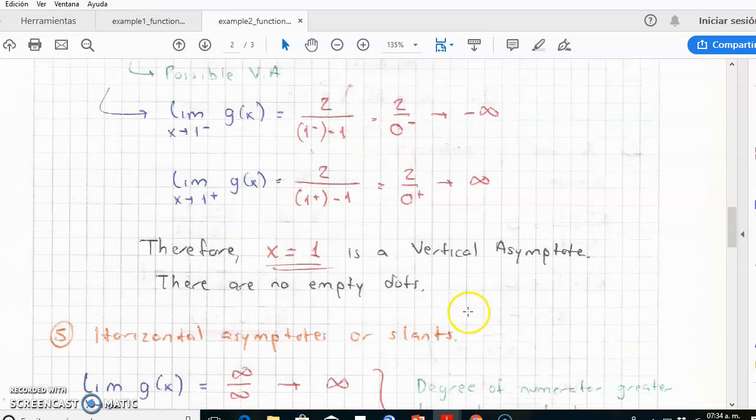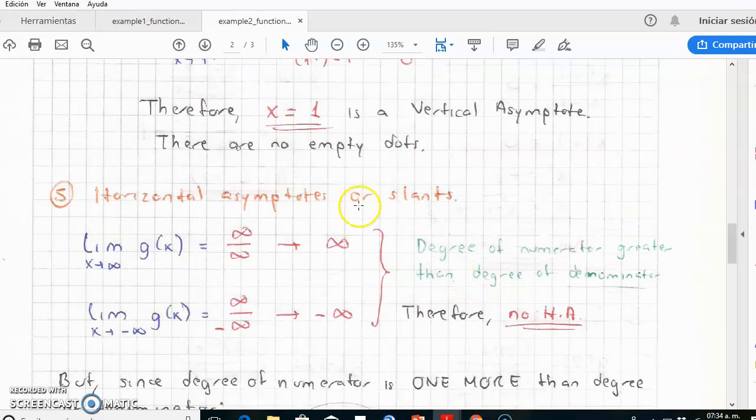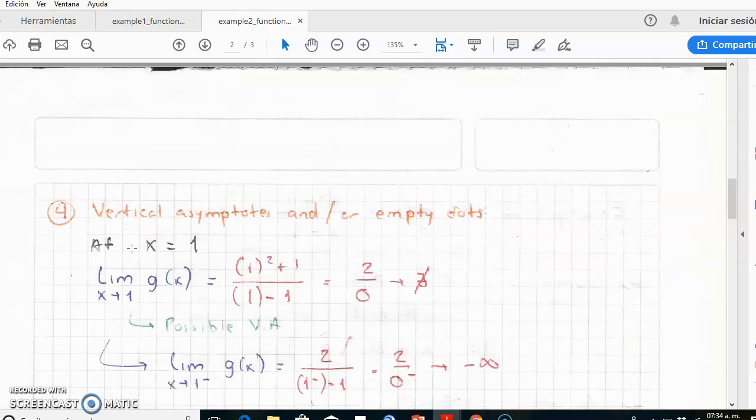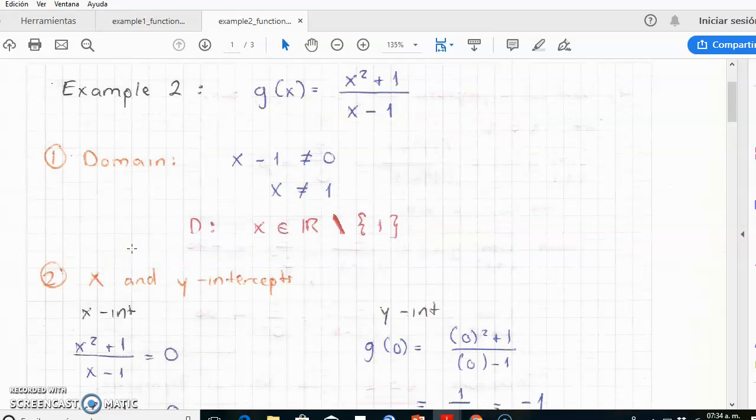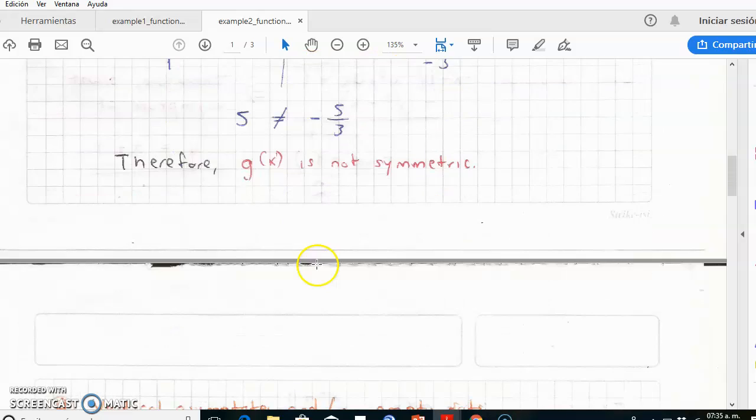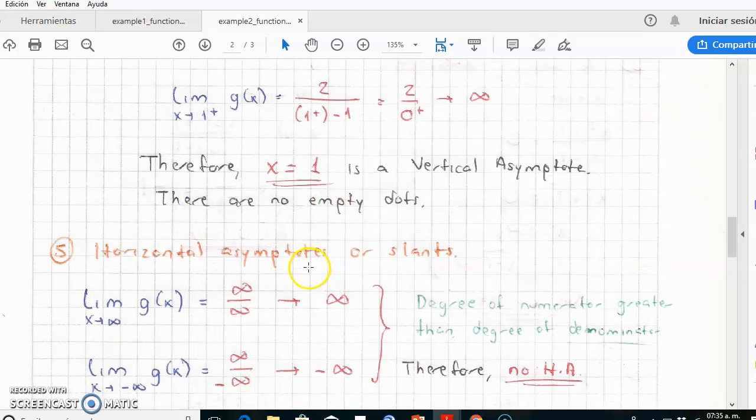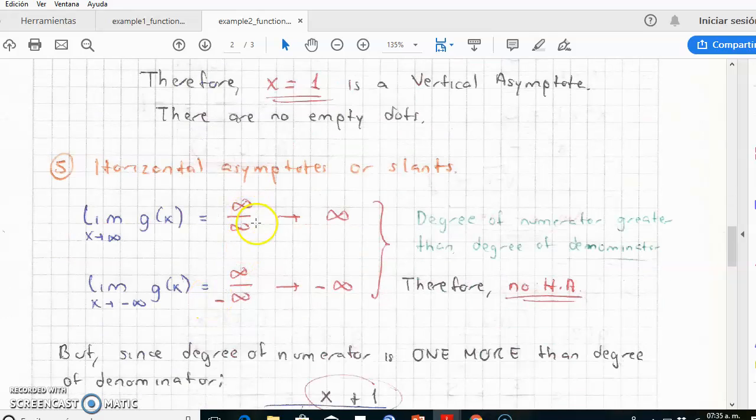For the horizontal asymptotes, if you remember, the procedure says that you need to evaluate the limit at infinity and negative infinity. We evaluate in the function, this is the function, we evaluate the limit there. So we have infinity over infinity and infinity over negative infinity.